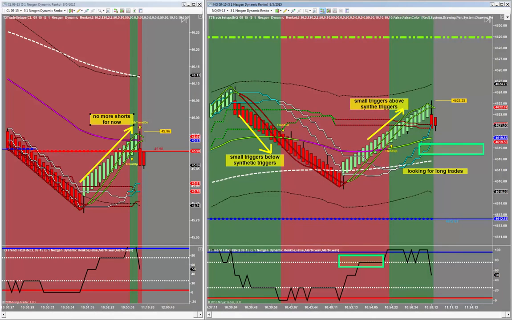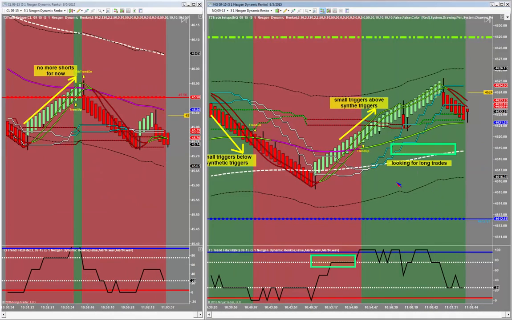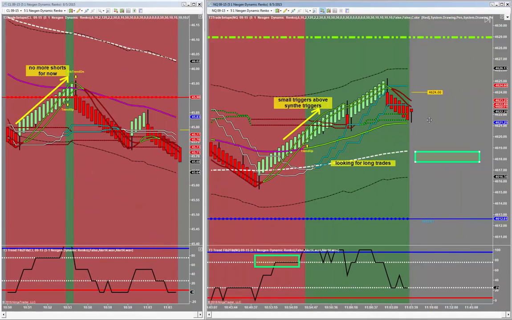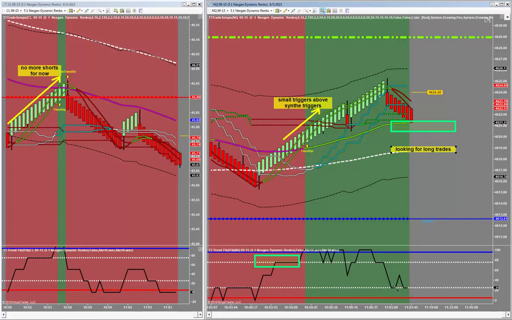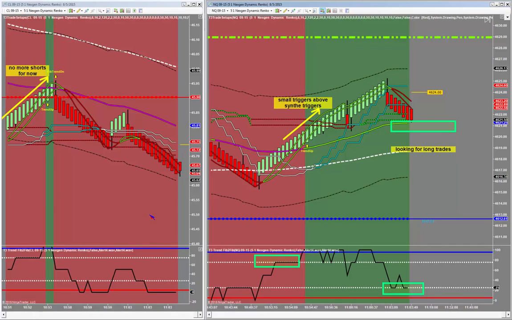All right, guys. So here's where we sit on the NASDAQ, looking for potential long trades. I kind of missed this on crude.